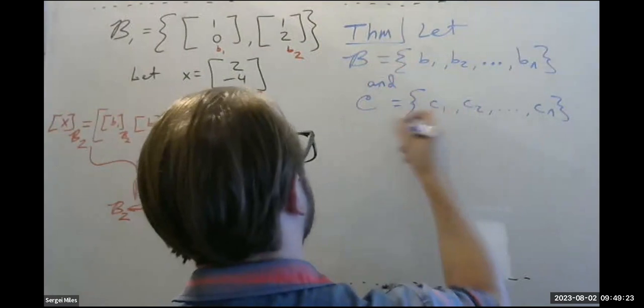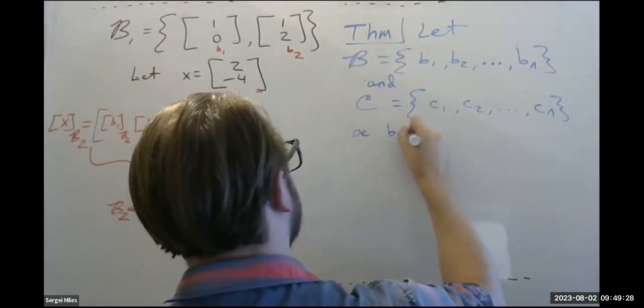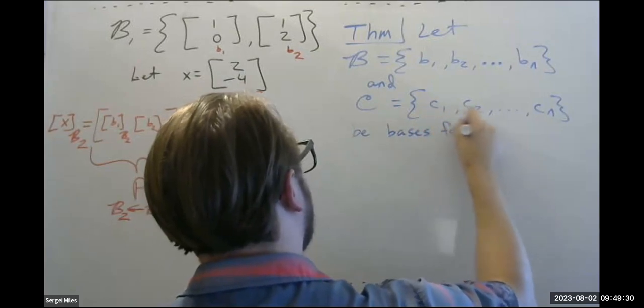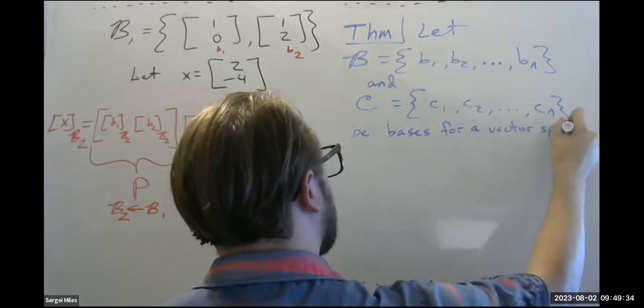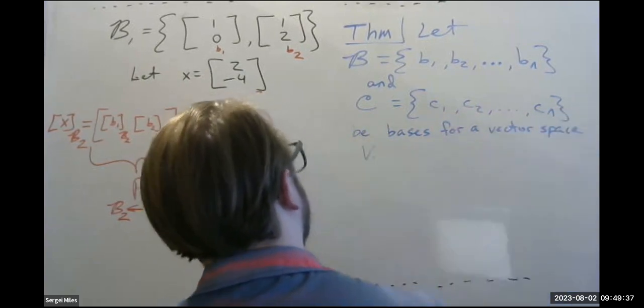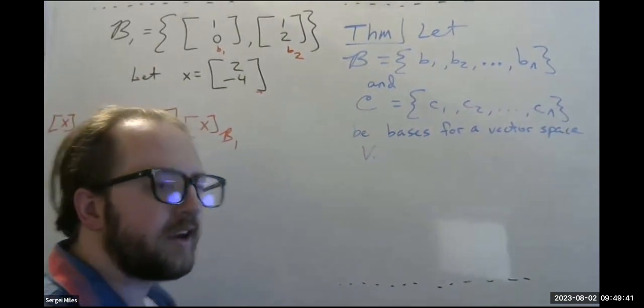So let B and C be bases for a vector space, capital V. All right. What's the punchline?